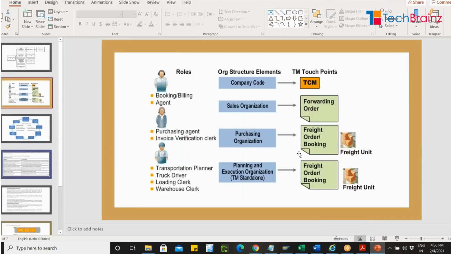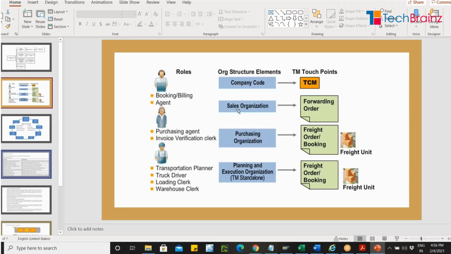Can you repeat one more time? So when creating your organizational elements, guys, we need to make sure what our company code is, what our sales organizations are and what our purchase organizations are, and where we are using these sales organizations and where we are using these purchasing organizations, in which scenarios these are relevant for us.